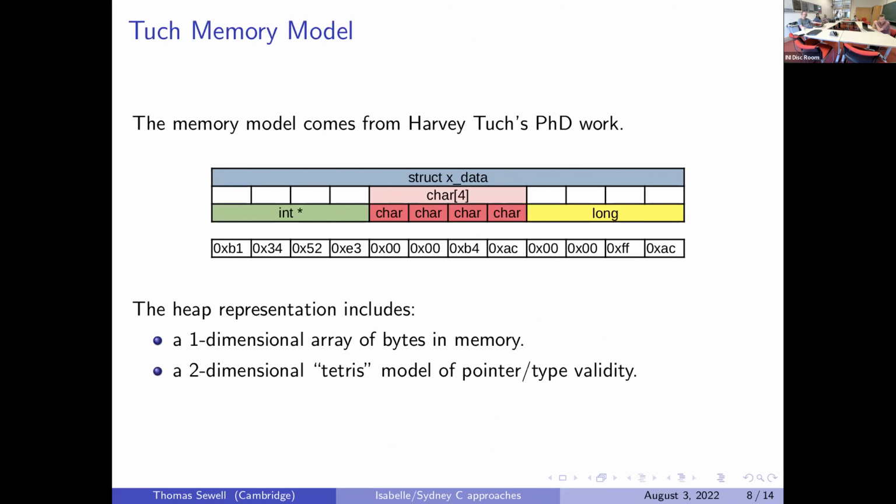And then the interesting thing I wanted to talk about a little bit, a bit eccentric, is the memory model we use. So within the global state of this thing, the heap is represented as two objects. At the bottom there, you have this one-dimensional array of what all the bytes are, which is exactly what you'd expect. It's just literally bytes where they would be. And then there's this representation above that. It's actually two-dimensional that says which pointer is valid.